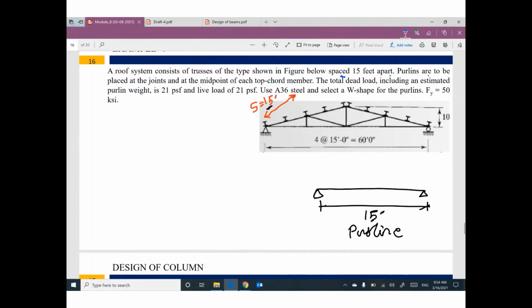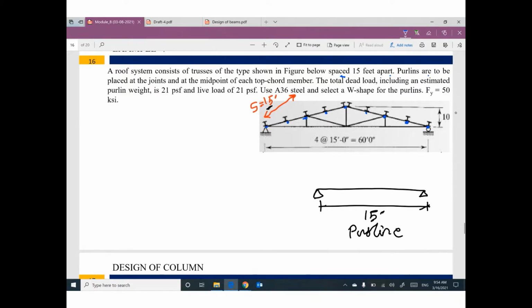For any reason, we don't care about this point right now, we put purlin at this joint and in between. We don't like this. We cannot support purlin directly on the member, but anyway, this is the problem. We don't care about this.